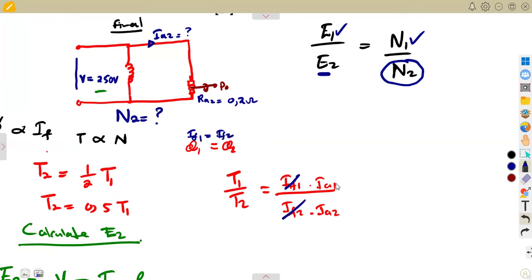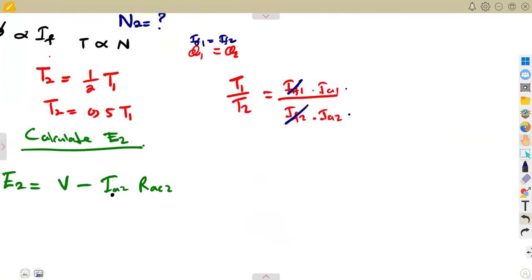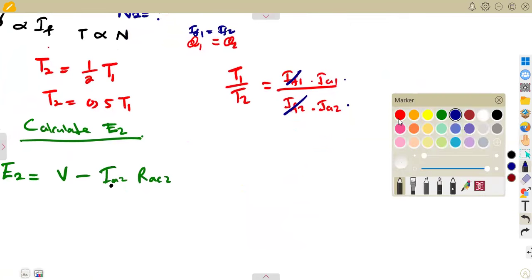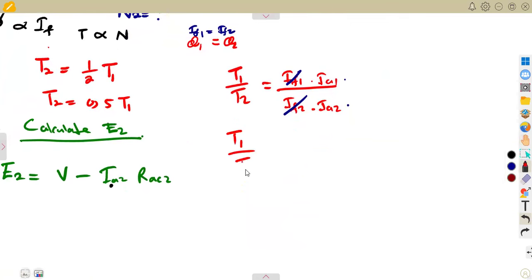So this is not there. We just consider T1 over T2 is equal to armature current 1 over armature current 2. You need to calculate armature current 2. This is the one that is missing in our formula.